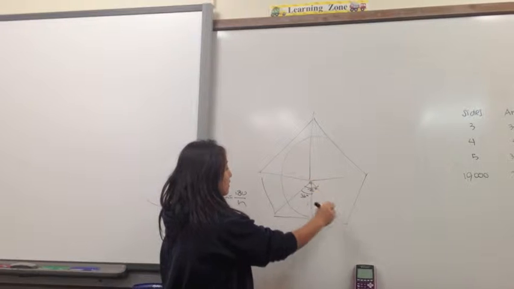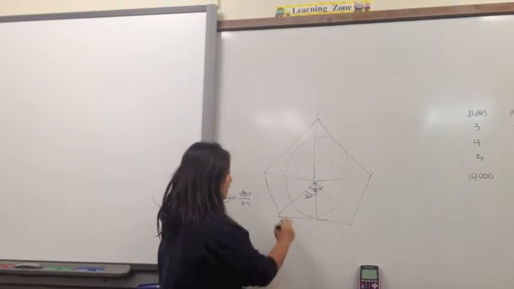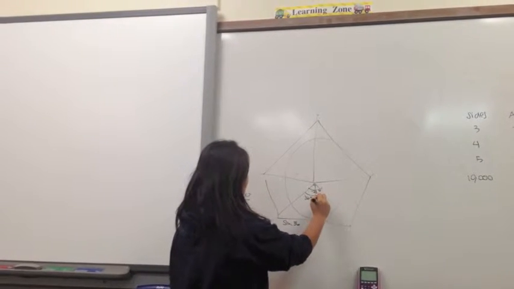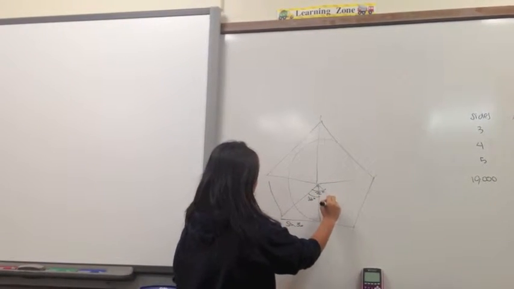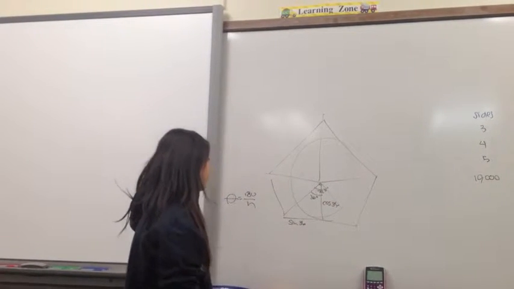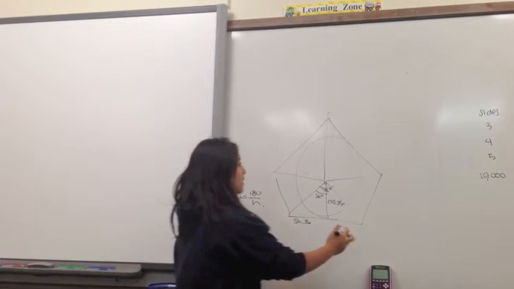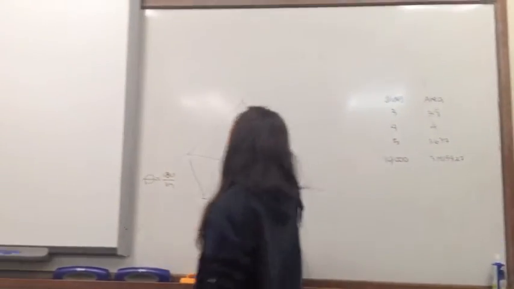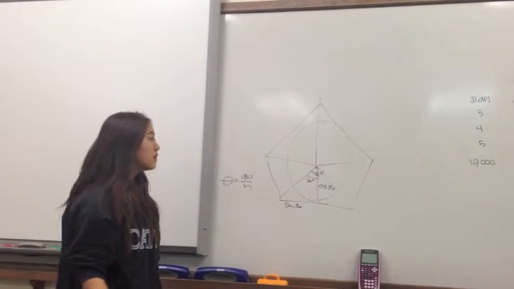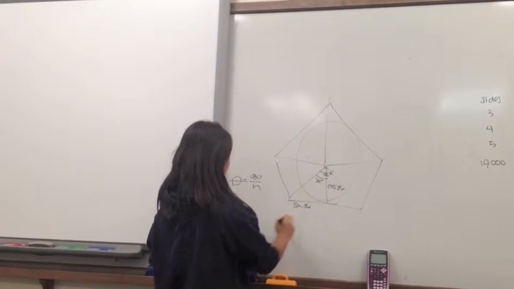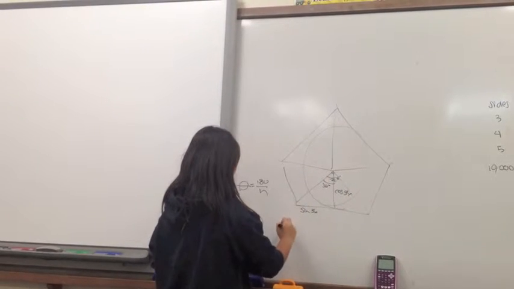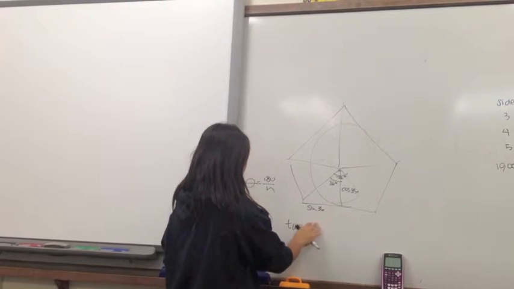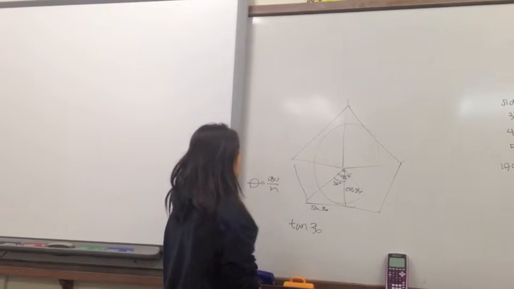To find the area of this triangle here, we have to go opposite over adjacent, which here is sine 36 over cosine of 36. We do this and we get the area here. Opposite over adjacent also happens to be tangent. So our equation for this triangle is tangent of 36 because it's opposite over adjacent.